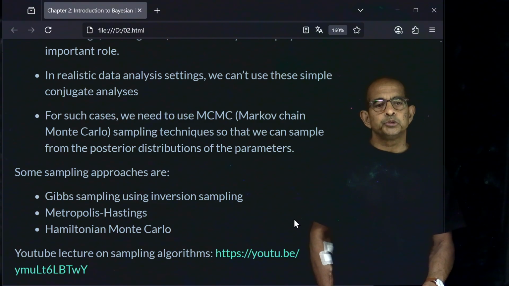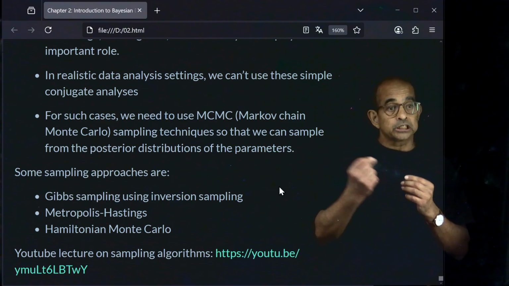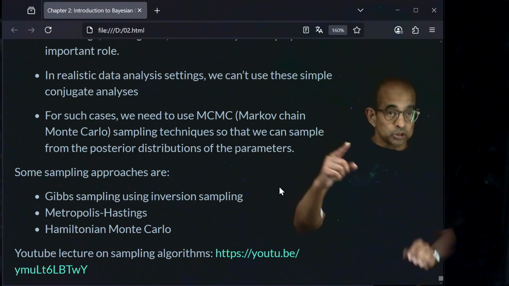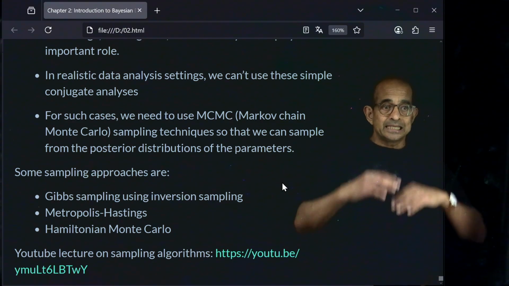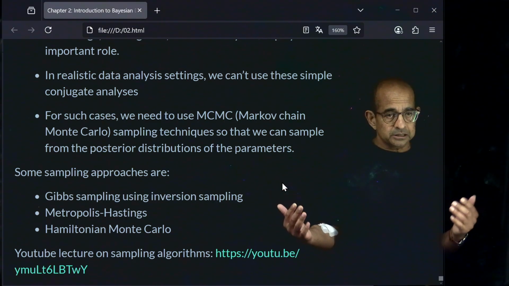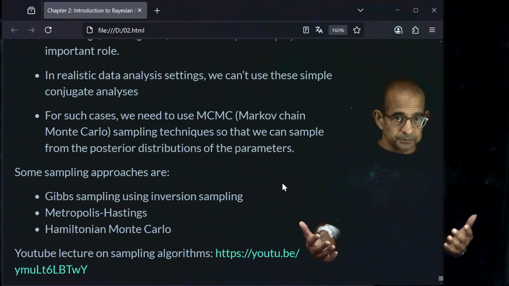We are going to use sampling algorithms to derive samples. Computationally, we are going to derive samples of the posterior distributions. So what we did in the examples that I showed you in this chapter is that we were able to actually describe the posterior distribution as a gamma distribution or as a beta distribution, right?